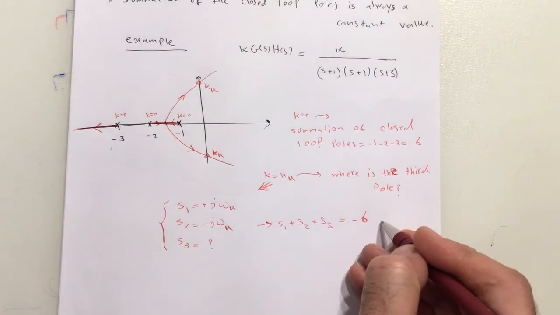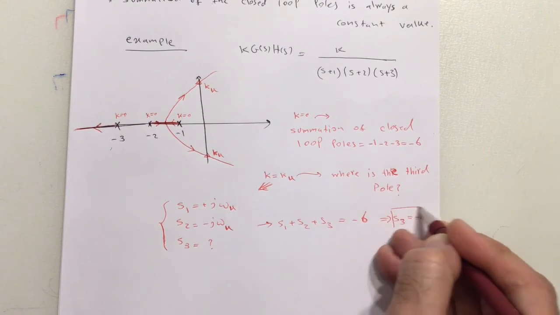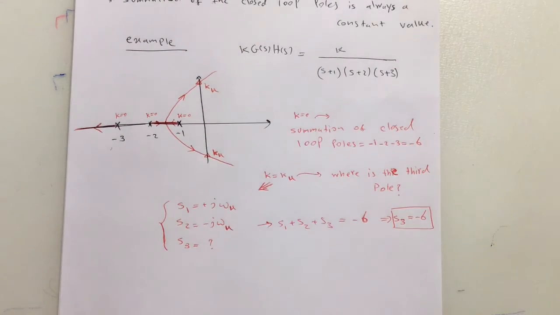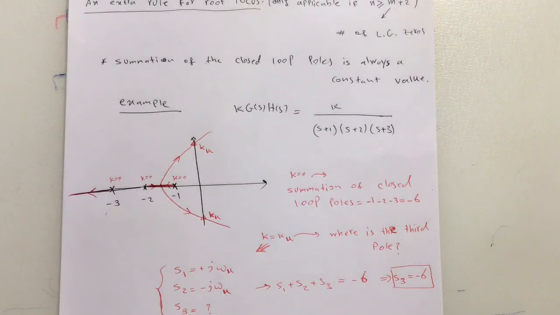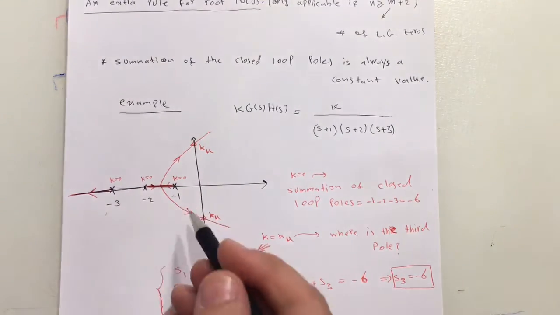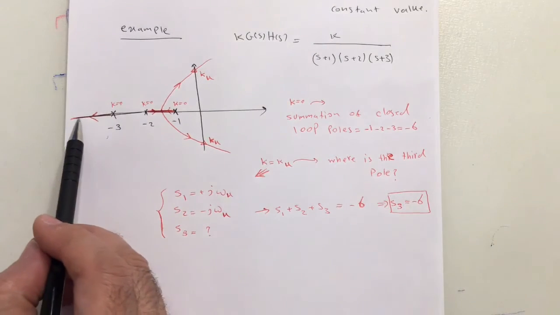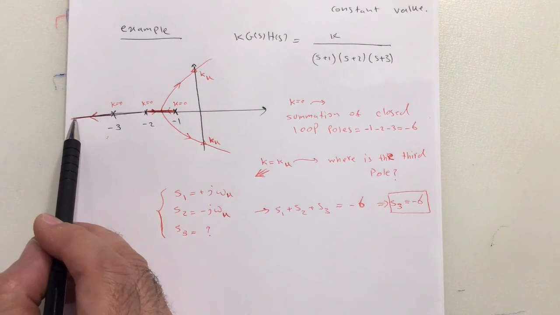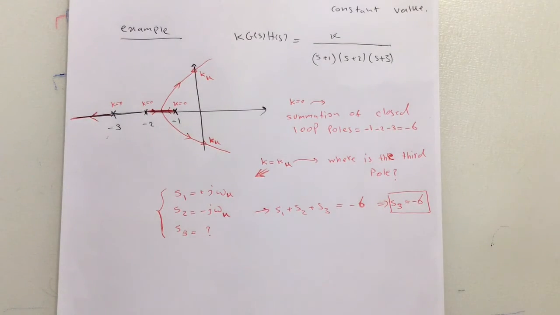And what we get is that S3 is minus 6. As I said, this extra rule didn't help for drawing the root locus. It did help for finding the place of the third pole when two poles are on the j omega axis.